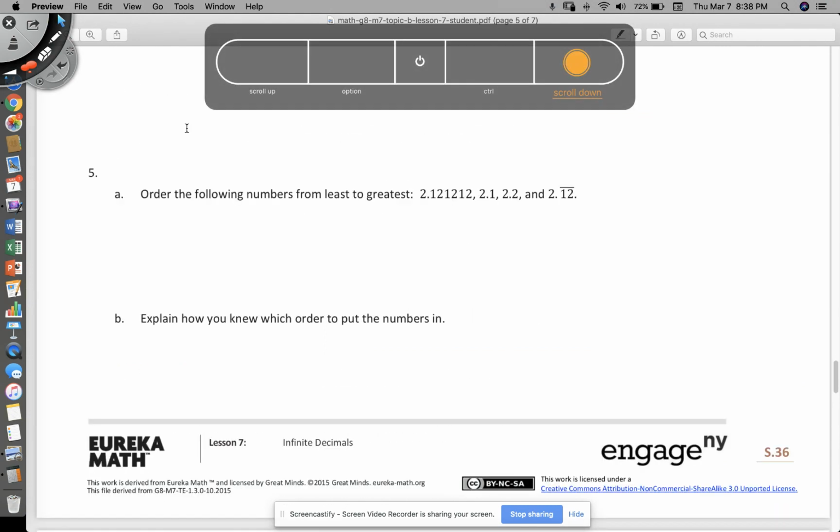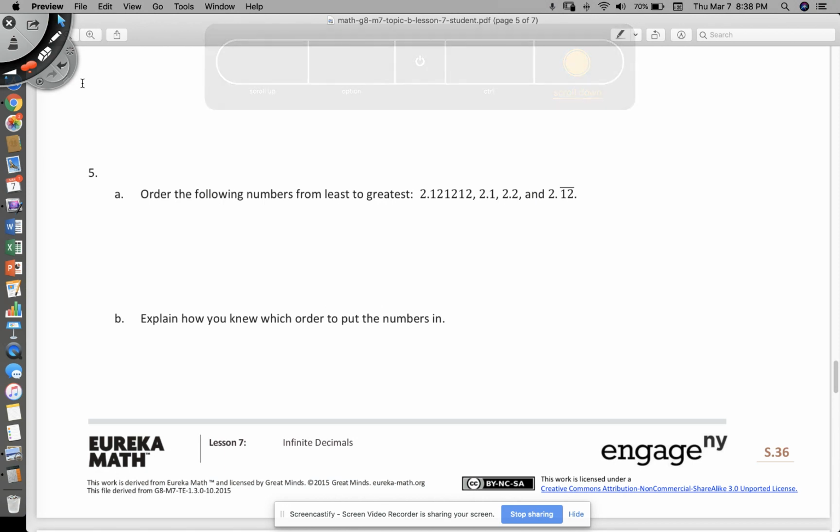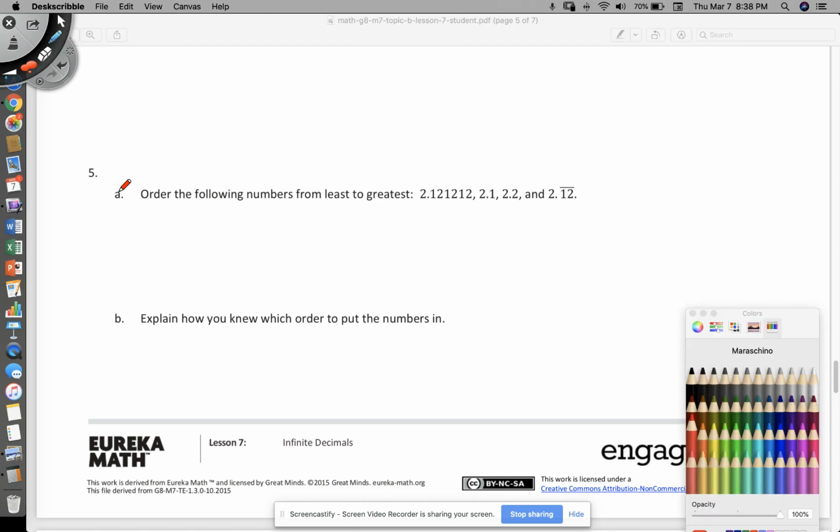Number 5, I just want to explain here. We have repeats. I want to go over number 5A with you real quick. You'll notice you have a whole number. That whole number comes out in front of all those fractions we're going to make. My next number is 1, and the 1 is in the tens place. Followed by that is a 2, and the 2 is in the 10 squared place.